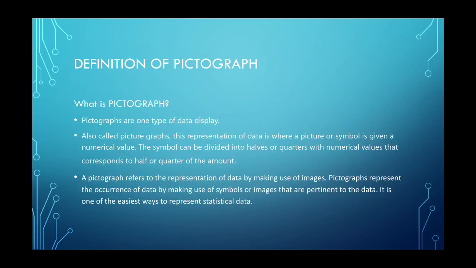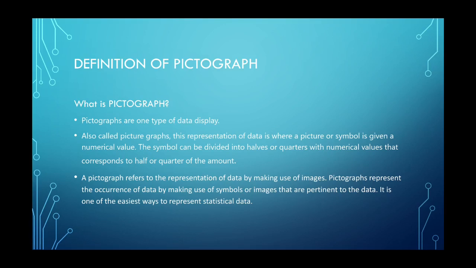So what is a pictograph? A pictograph is one type of data display, also called picture graphs. This representation of data is where a picture or symbol is given a numerical value. The symbol can be divided into halves or quarters, with numerical values that correspond to half or quarter of the amount.